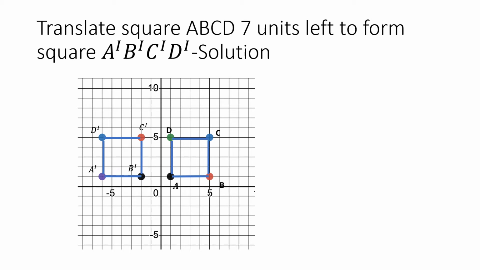So after translating square ABCD 7 units left to form square A prime, B prime, C prime, D prime, you can see this is our pre-image, and this is our translated image.